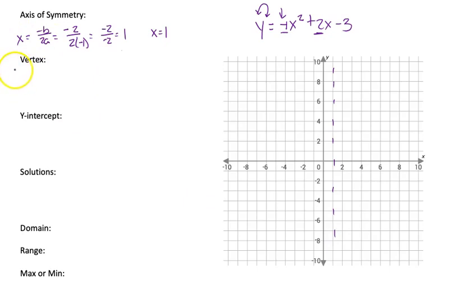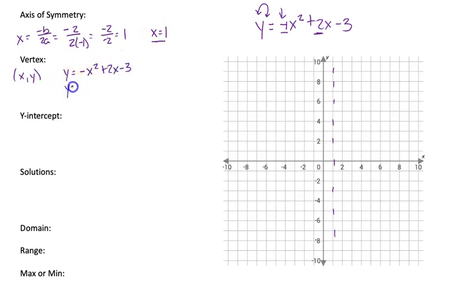Vertex. So vertex is either the top or the bottom, and it is written as a coordinate, so x and y. Well, I know x. We've already found x, so let's go find y. So I'm going to rewrite my equation. y equals negative x squared plus 2x minus 3. So let's plug that in.